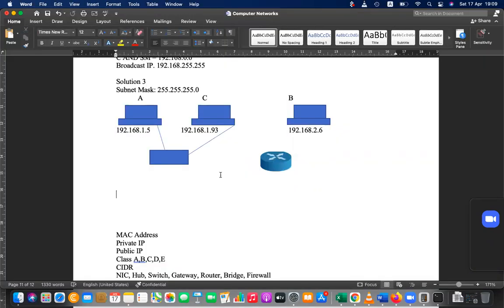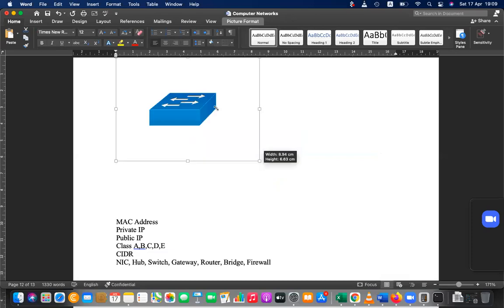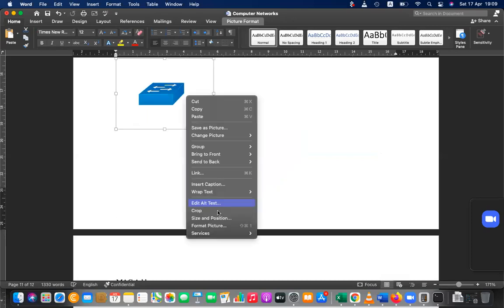So let's use standard symbols, then it will be nice for a viewer because the viewer will identify the symbol easily.